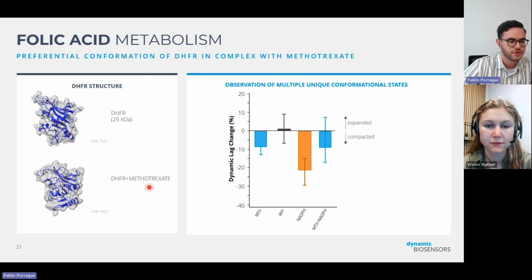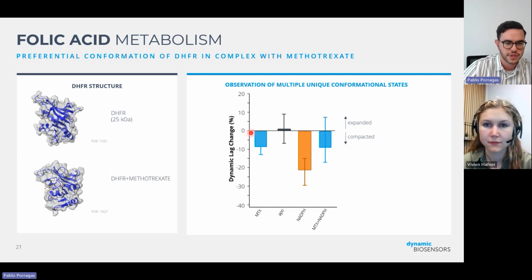And this drug, methotrexate, actually locks the protein in an intermediate conformation where it's slightly closed and actually prevents the activity of this enzyme. Under standard conditions, though, when dihydrofolate and NADPH are bound, this protein undergoes a conformational shift where the protein compacts quite a bit and binds that dihydrofolate very tightly in the active site that you see here.